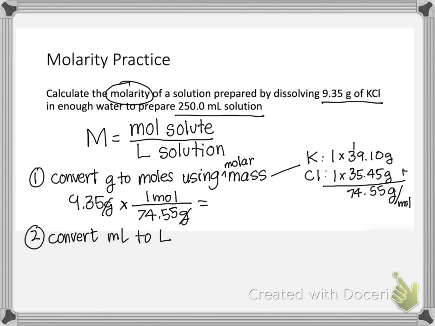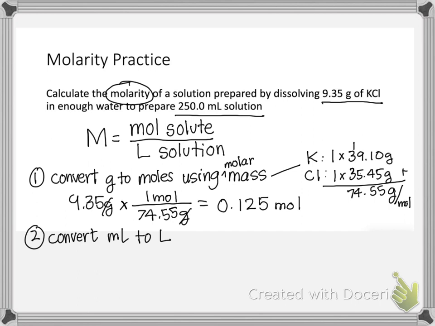So on my calculator, 9.35 divided by 74.55, I get 0.125 moles. And I just rounded it here to 3 significant figures because that's what I was given. You don't have to round at this intermediate step if you don't want to.